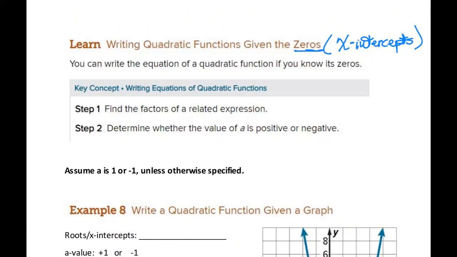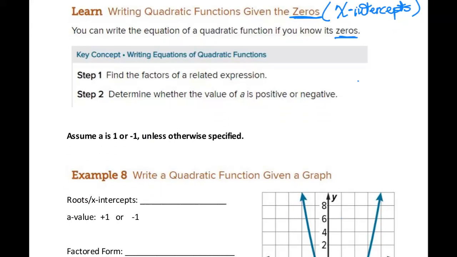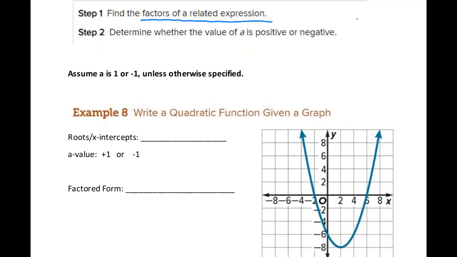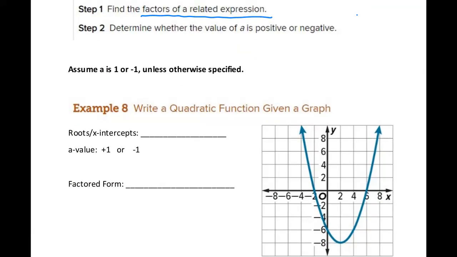You can write the equation of a quadratic function if you know its zeros. First, find the factors of a related expression. 2, determine whether the value of a is positive or negative. And assume, and this comes a lot of the time, assume a is 1 or negative 1.